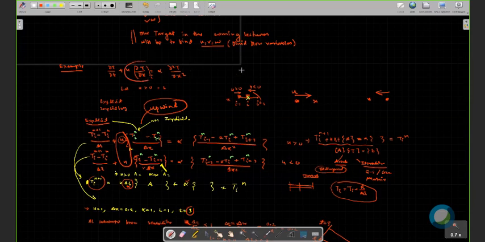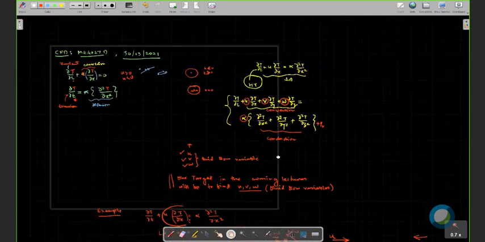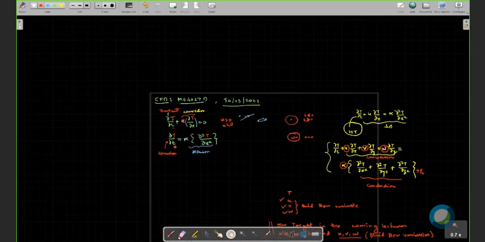If you take this convection equation, we have seen that if you take central difference, it is unconditionally unstable. So you cannot take central difference here. Never take central difference. Central difference will not give you a solution.